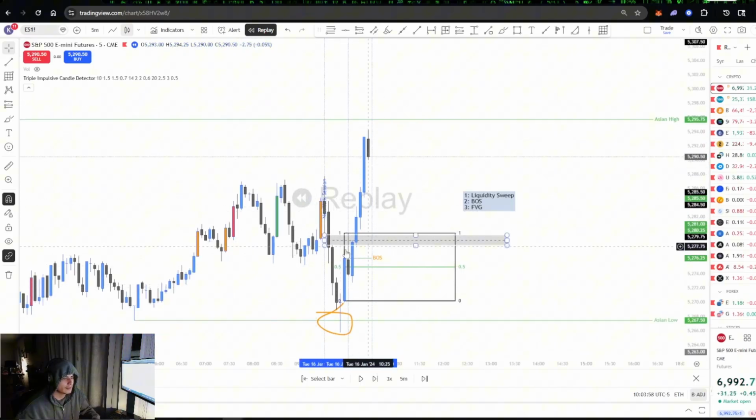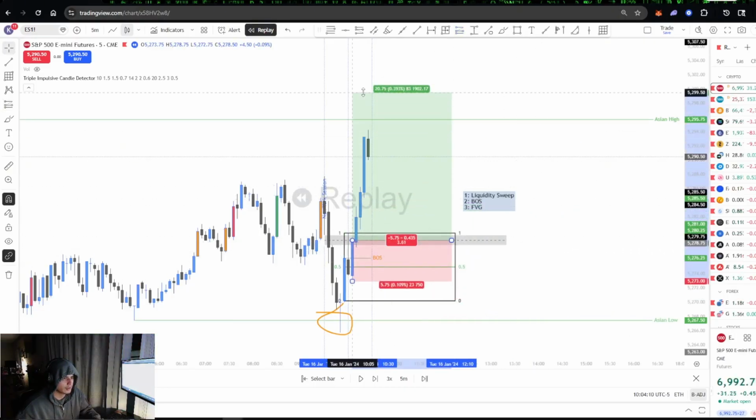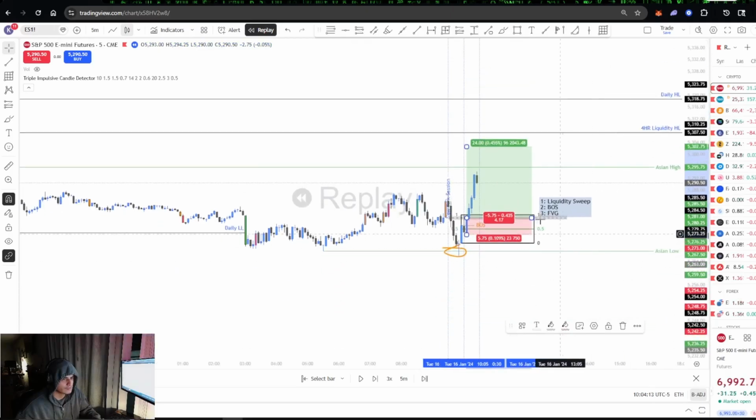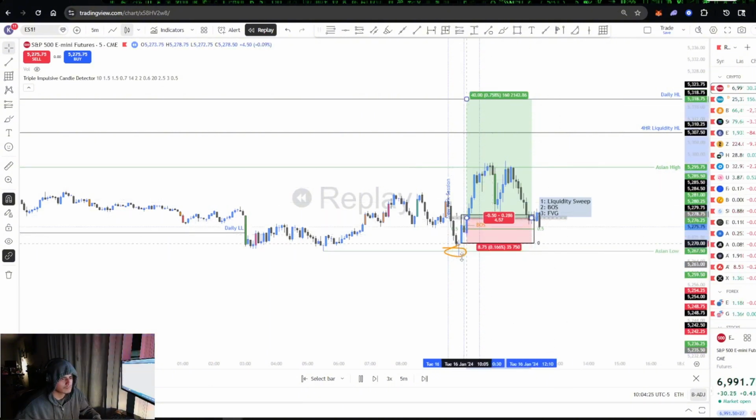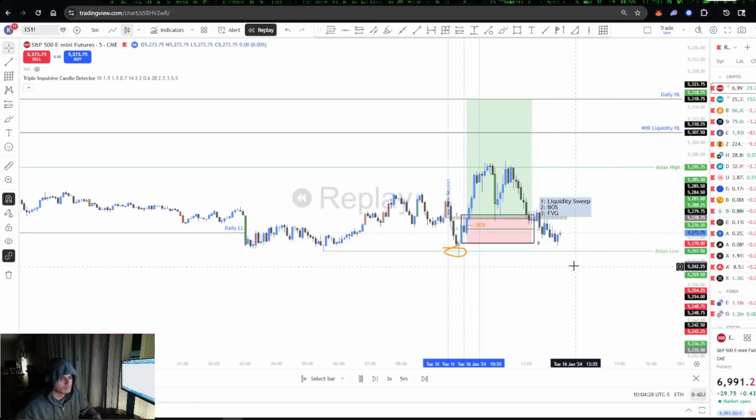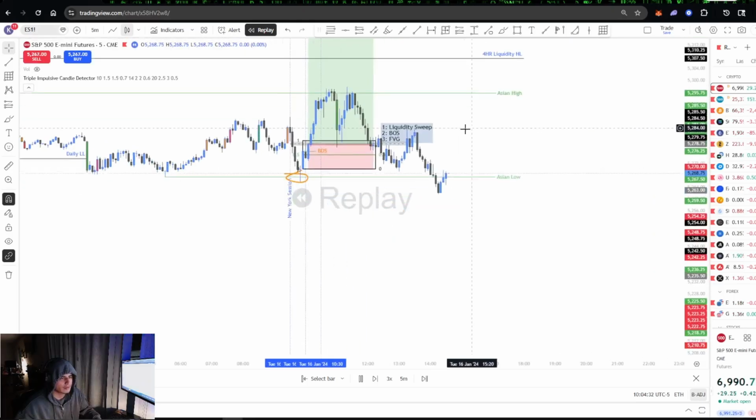So now I see why he was telling me to enter here, because that would be my entry here, aiming to these highs up here. I would have got stopped out right there and then went back down.